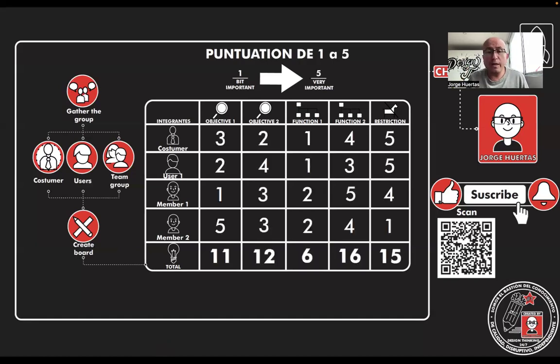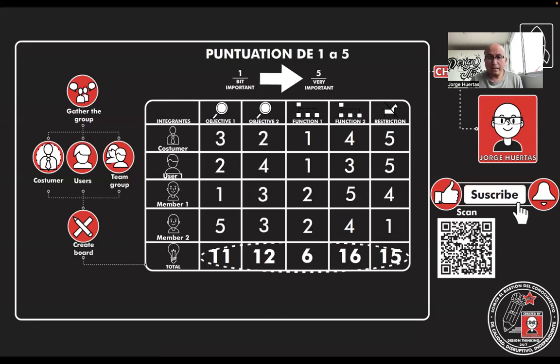So for the first objective, of course, you will have to have someone to moderate the session. It's very important. And you could have many different objectives, but for this example, I'm just going to have 2. The functions of the product, service, or business idea, and of course, the restrictions.